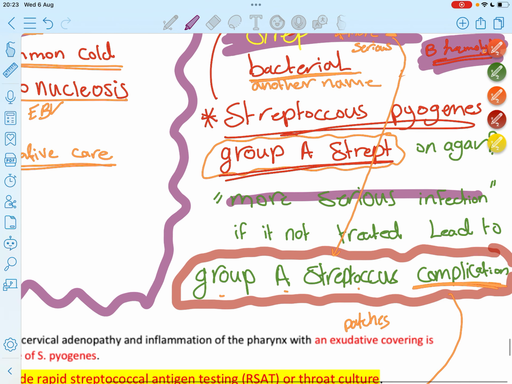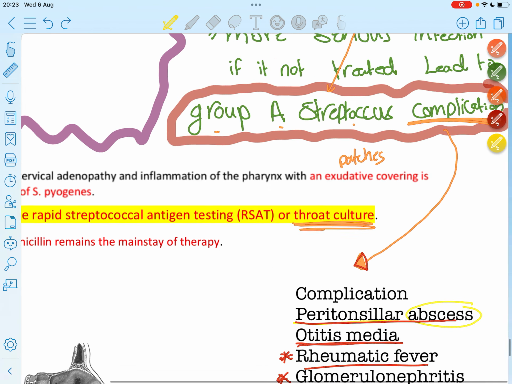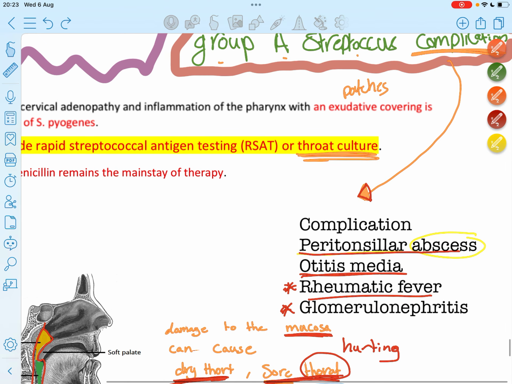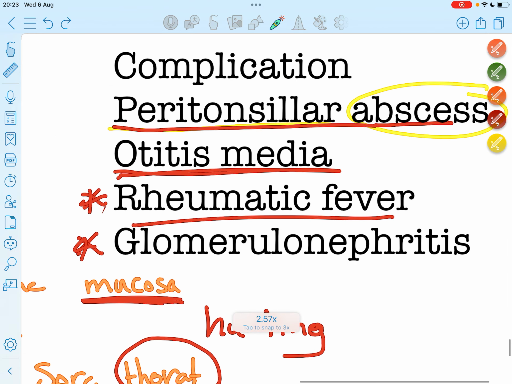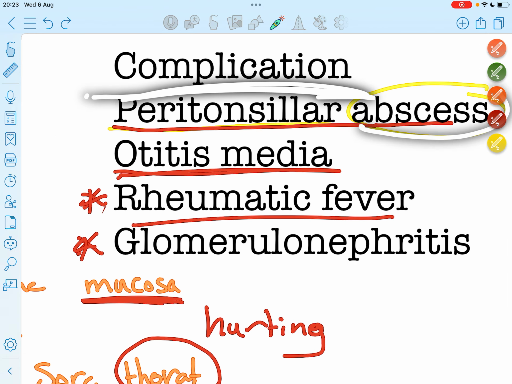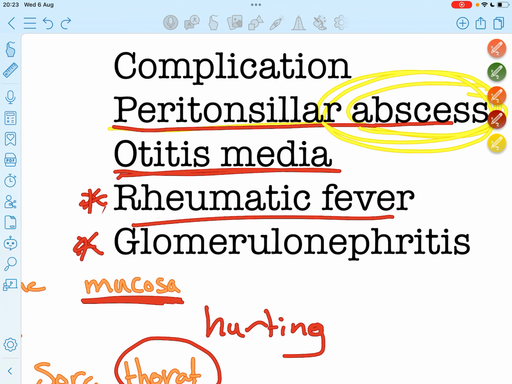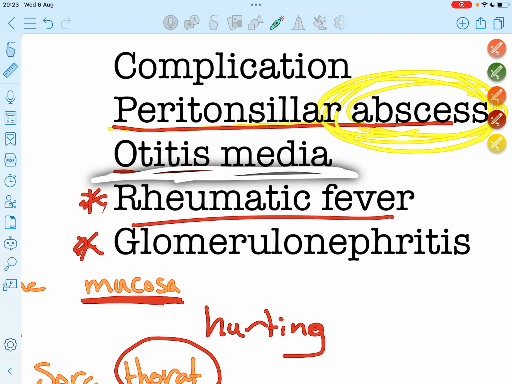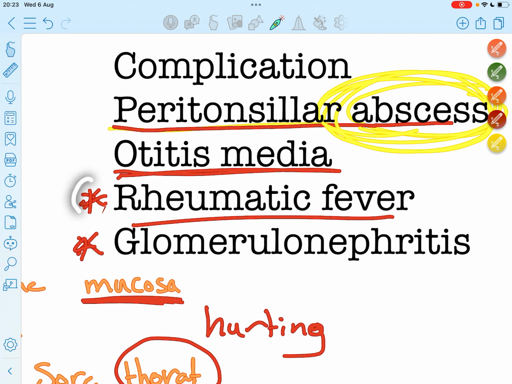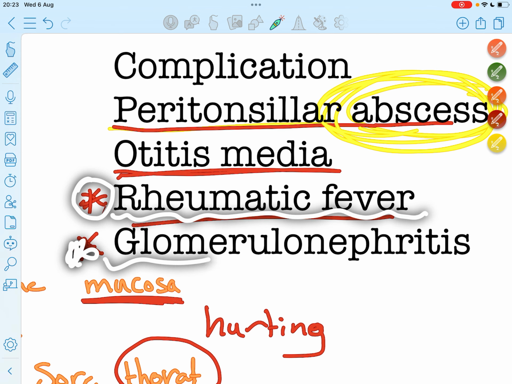It's a more serious infection. If we do not treat it, it leads to complications. What are these complications? We will see an abscess in the peritonsillar area, and we will see otitis media. And the 2 most important are rheumatic fever and glomerulonephritis.